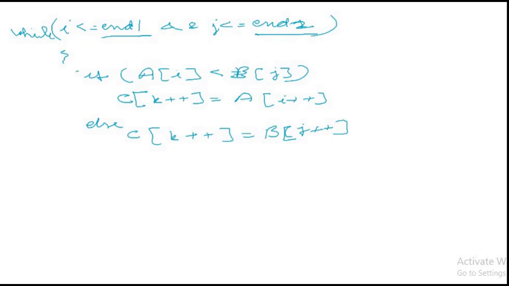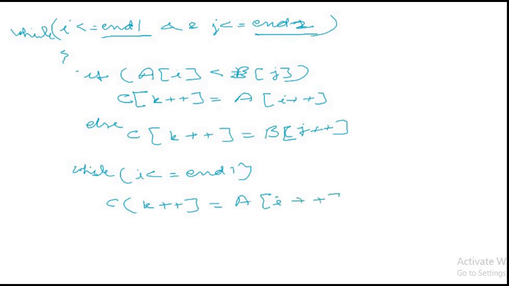But now we have to take into account one condition, that is, suppose one of the arrays has some remaining elements. So we will check like this: while I is less than or equal to N1, we will copy all the remaining elements into this C array, like this.